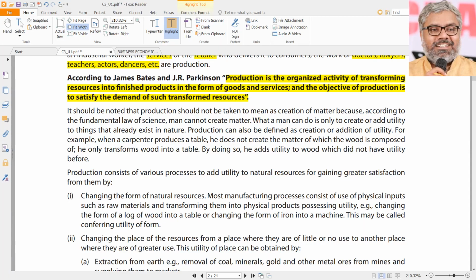So that is what production is. It is the organized activity of transforming the resources into finished products. And those finished products, by the way, could be in the form of goods and also services. So simply, that's what production is all about.